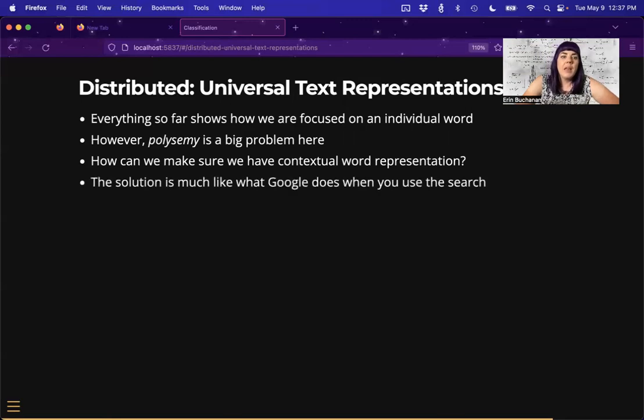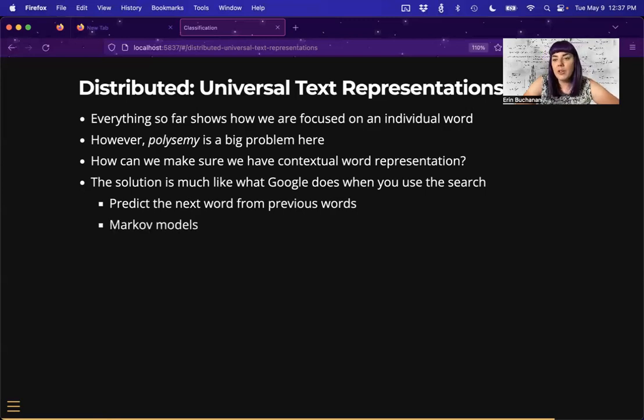The solution is much like what Google does when you use their search algorithms. We might predict the next word from the previous words, which in word-to-vec would be half of the window. We could use things like Markov models. A lot of folks think that the search algorithm for Google is a Monte Carlo Markov model.